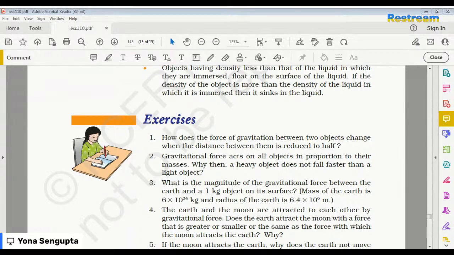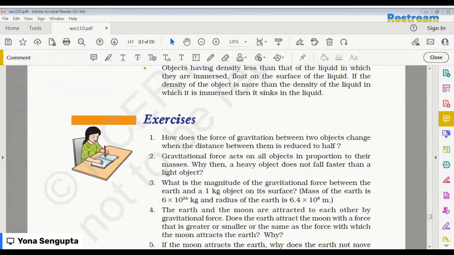Okay. So the first question here, as you can read, is: how does the force of gravitation between two objects change when the distance between them is reduced to half?